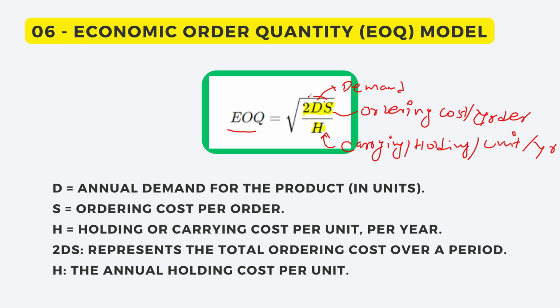And this complete term 2DS represents the total ordering cost over a period. And H is obviously the annual holding cost per unit. So EOQ aims at minimizing the total cost.